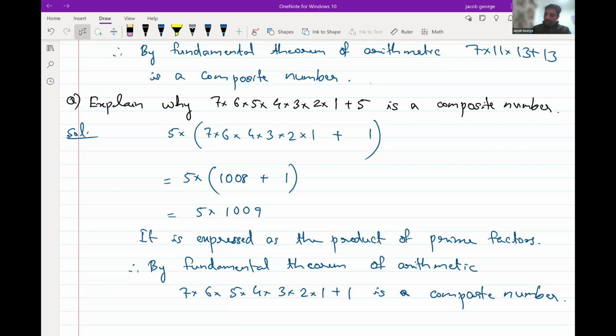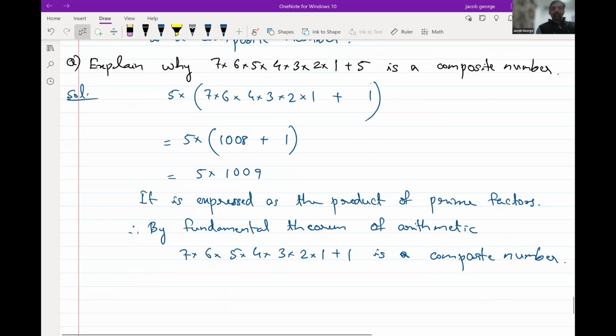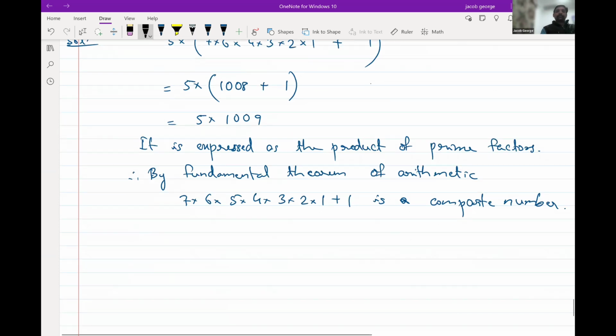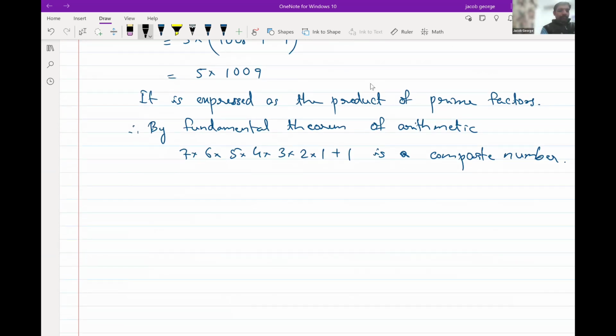Write that type of question, a word problem. There is a circular path around a sports field.